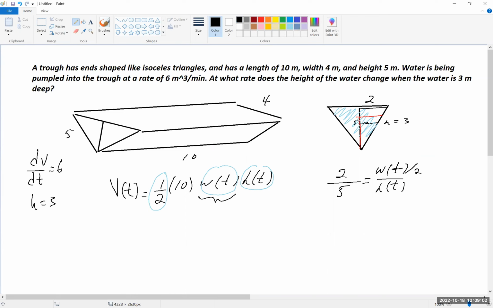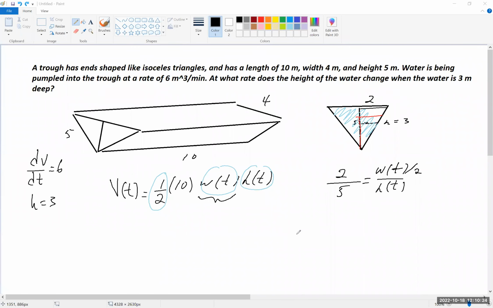And so with a little bit of algebra, we're going to go ahead and solve for w of t. So let me go ahead and try to isolate the w of t.